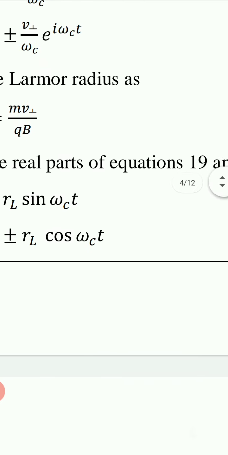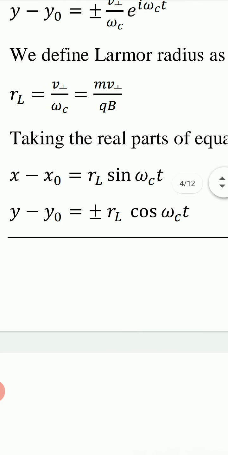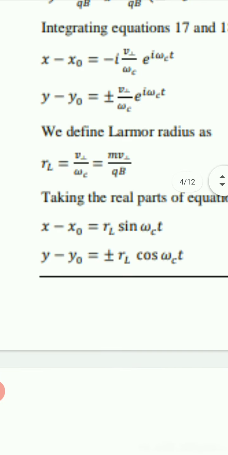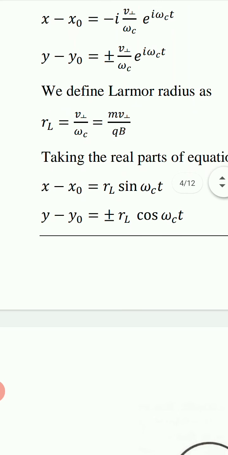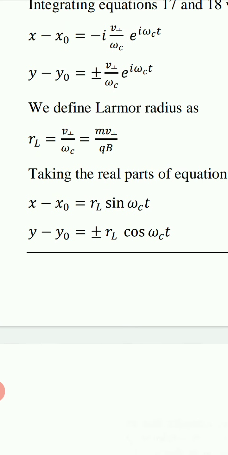Taking the real parts of equations 19 and 20, these two equations become x minus x0 equal to RL sin omega c t. Put v perpendicular upon omega c equal to RL, and take the real part.